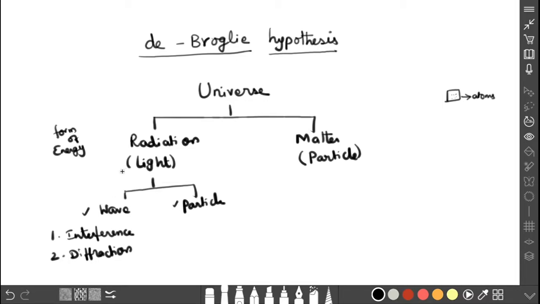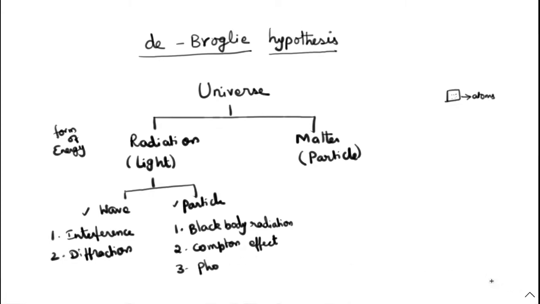And light also has particle nature. That can be explained by the phenomena of black body radiation, Compton effect, photoelectric effect, etc. By means of these phenomena we can understand that light has both natures.